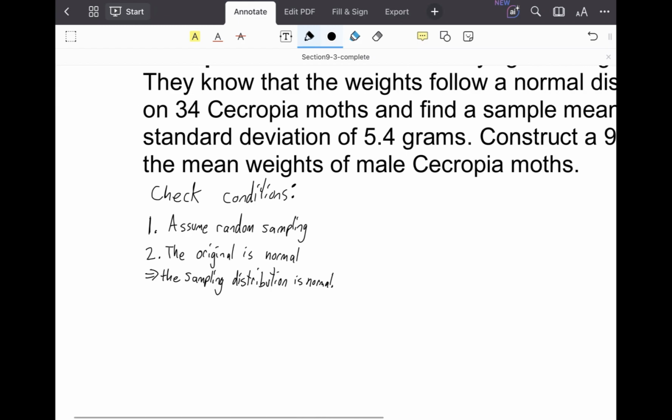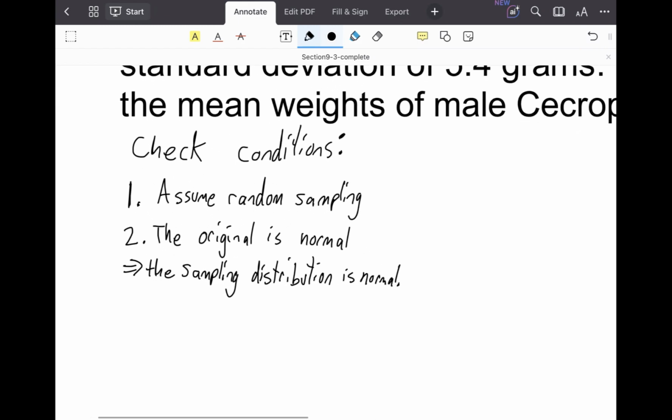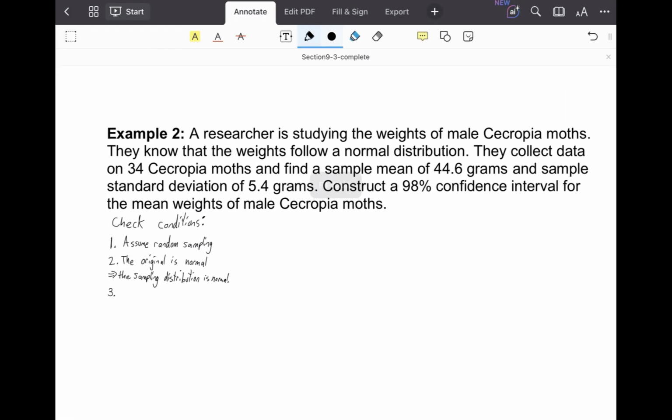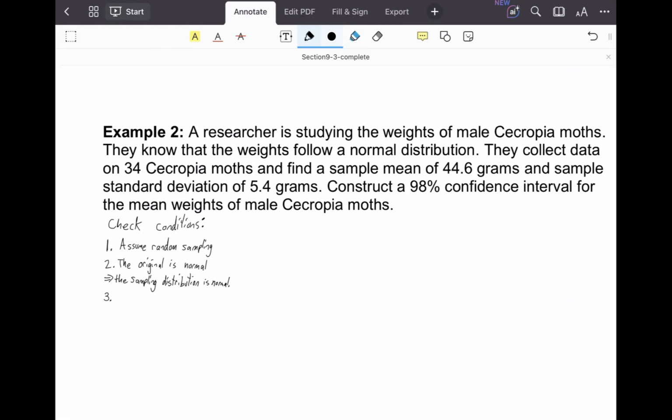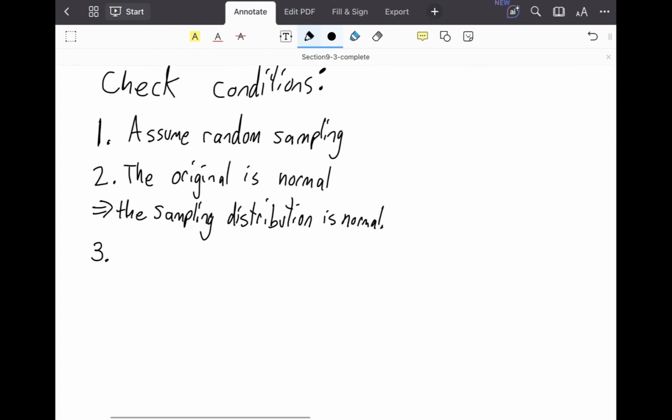Also, the sample size was pretty big, 34, so it would meet the conditions even if the original was not normal. Okay, now the last one, they're not really giving us much information about the population, but there are millions of Cecropia moths, so 34 is definitely less than 5% of millions.